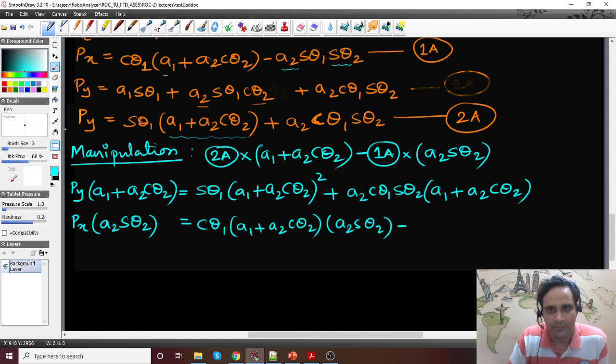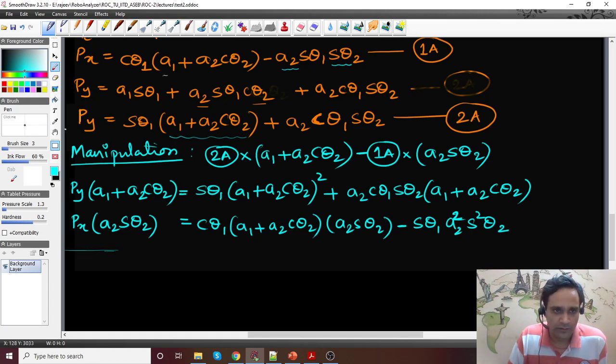So basically it will become minus sin theta 1, and a2 sin theta 2 is common, so it will become a2 square sin square theta 2.